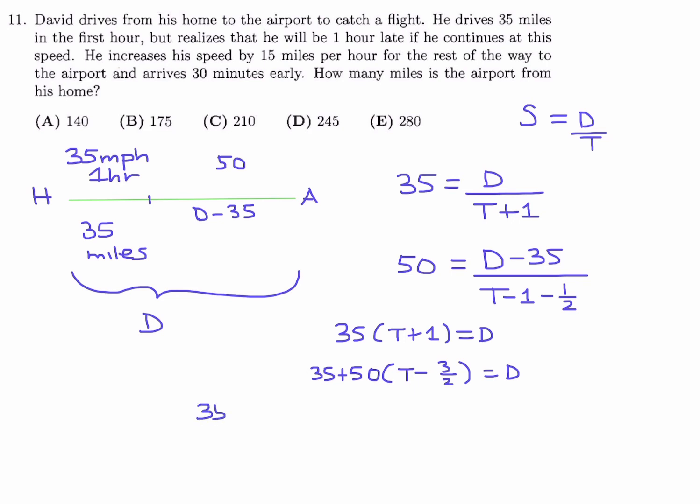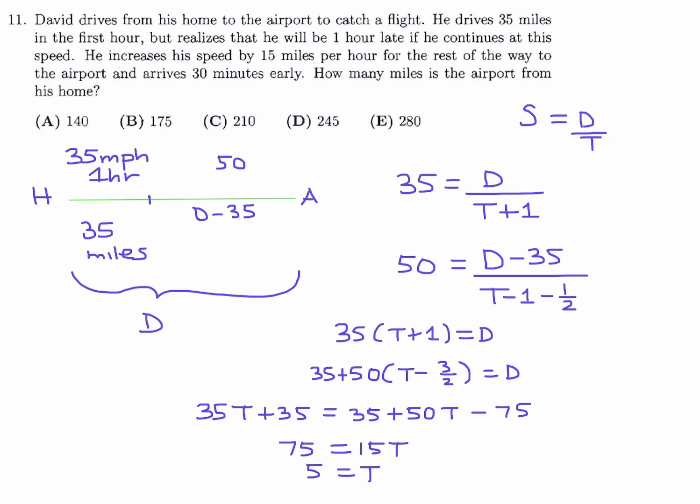So 35t, multiplying them out, plus 35 is equal to 35 plus 50t minus 75. So this becomes 15t is equal to 75, and therefore t is equal to 5.